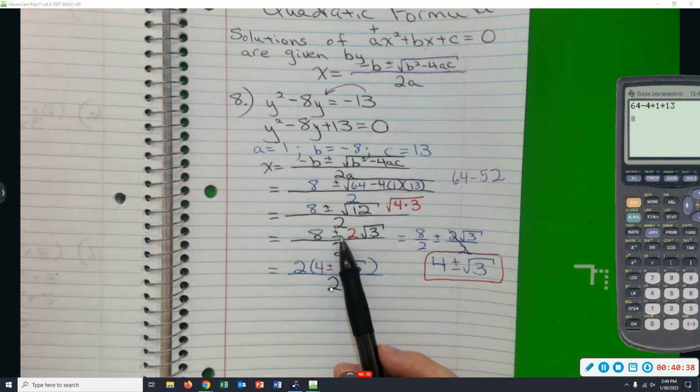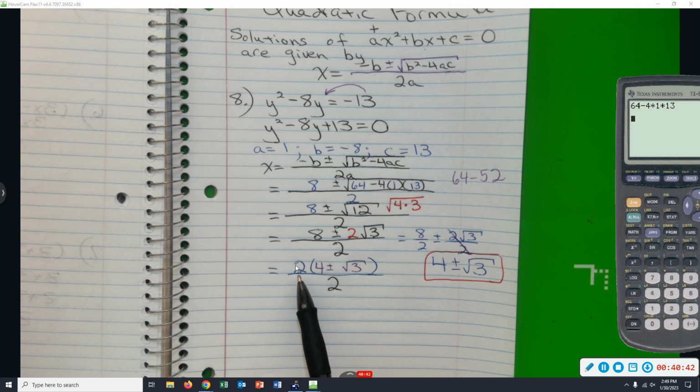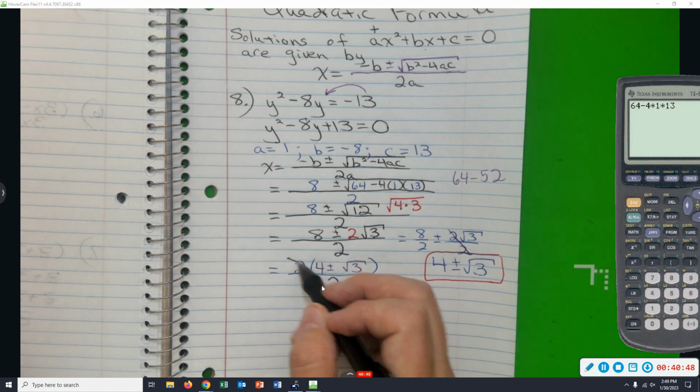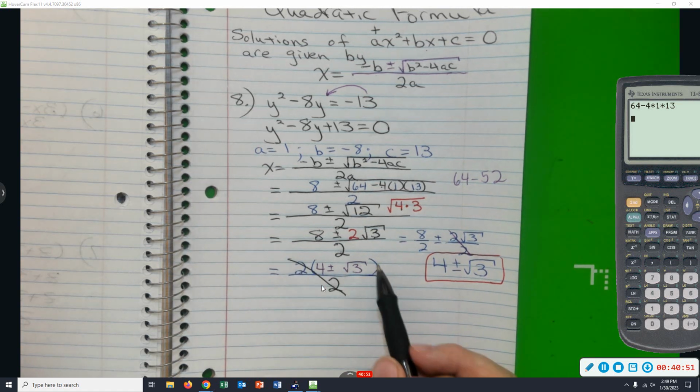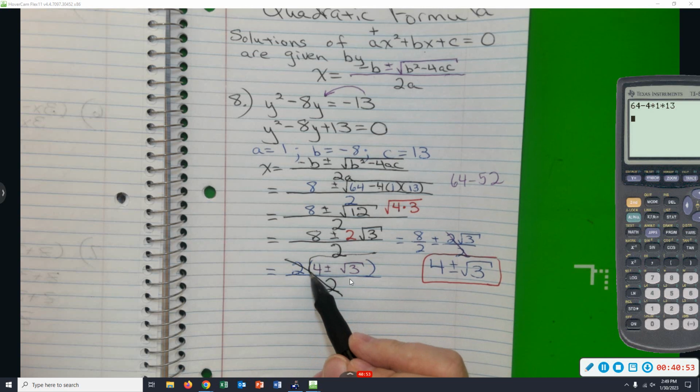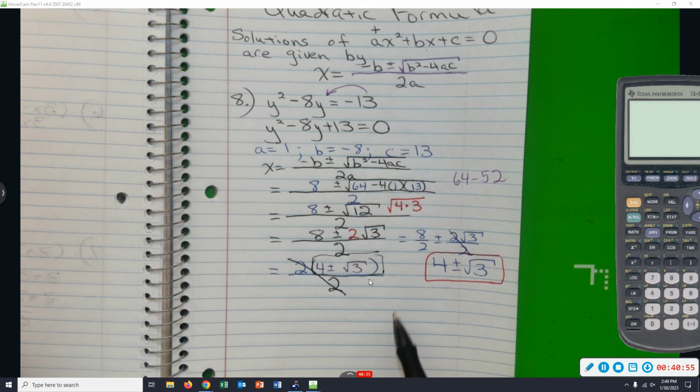You can't cancel over addition or subtraction. You can only cancel if it's multiplication. That's what we have here, 2 times all that stuff. So we can cancel the 2's. And either way, we still get 4 plus or minus the square root of 3. But I'll warn you, you don't always get answers that look the same.